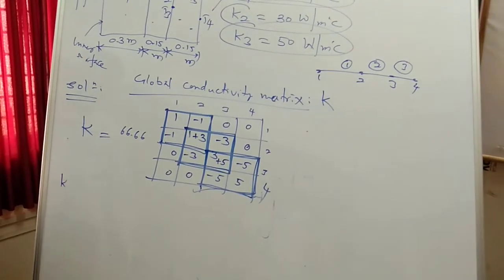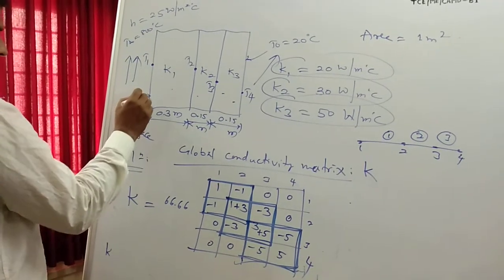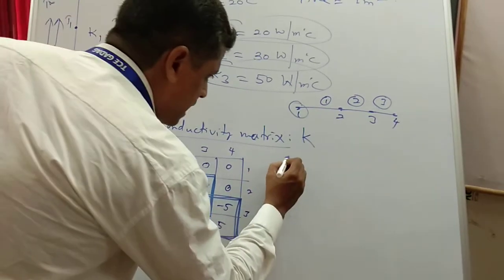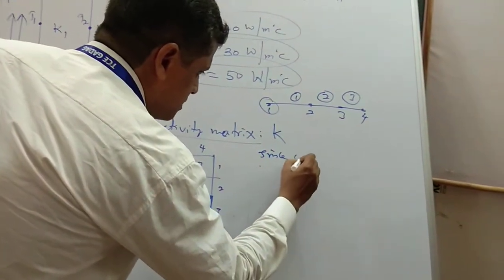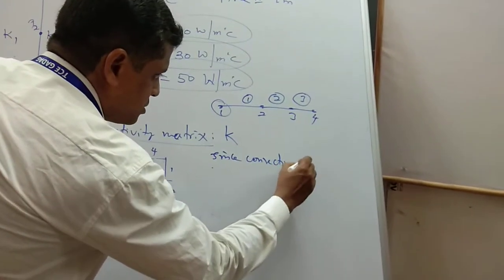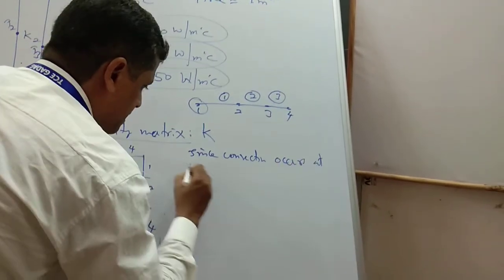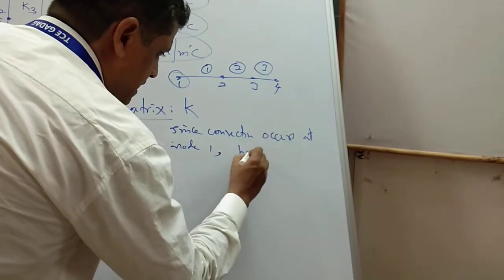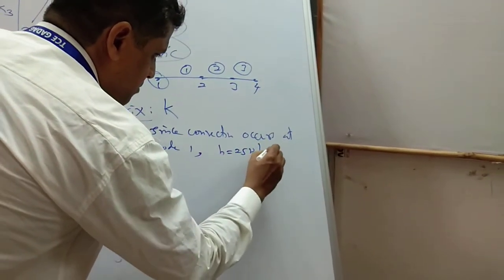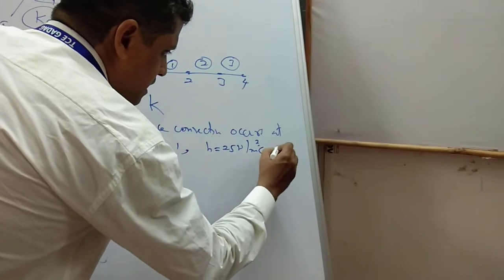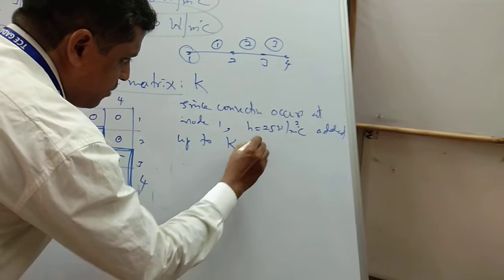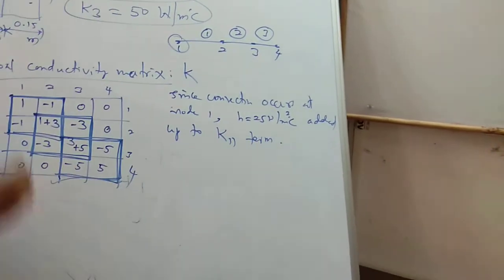Now you consider the convection here. Since the convection occurs on the inner surface, that means at node 1, H equal to 25 watt per meter square degree Celsius is to be added to the K11 term of the global conductivity matrix.